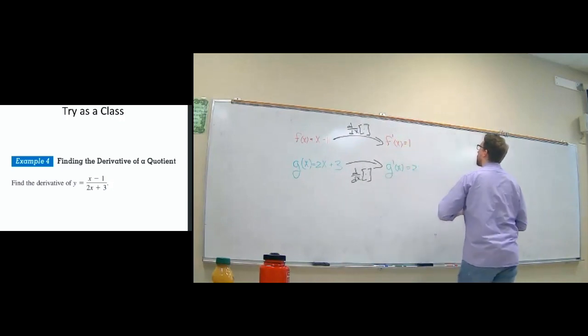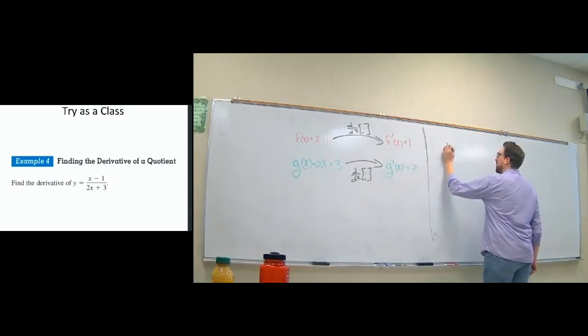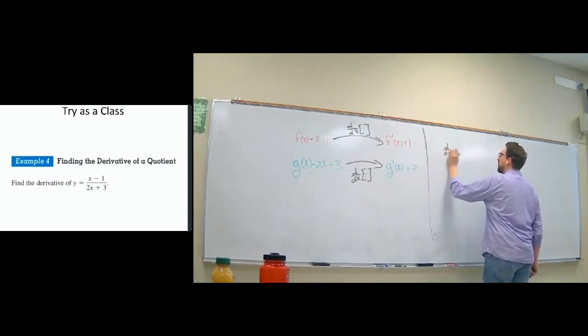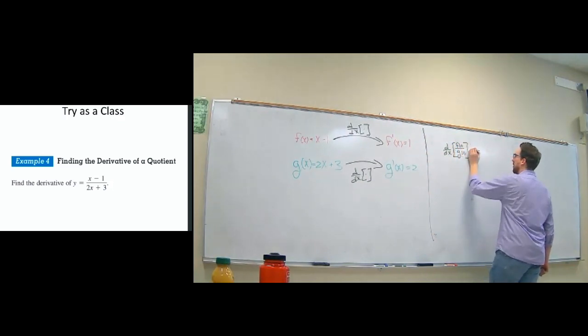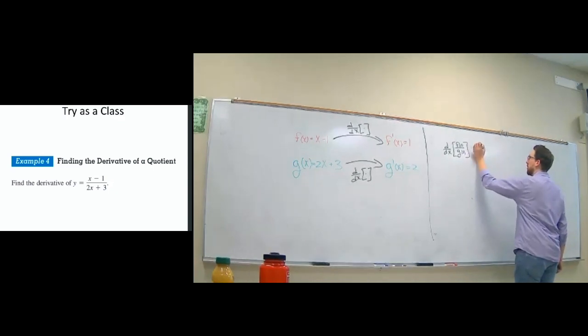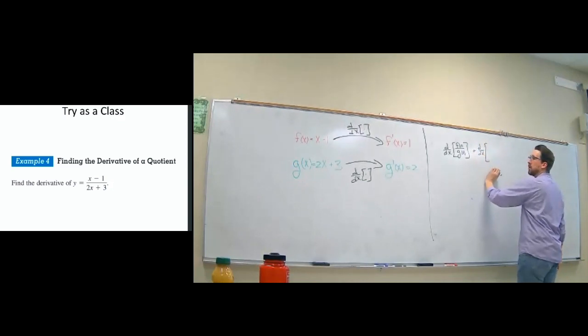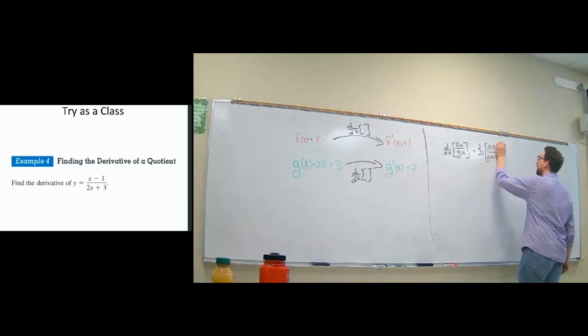All right, so taking the derivative now of f of x over g of x, right? d/dx of x minus 1 over 2x plus 3.